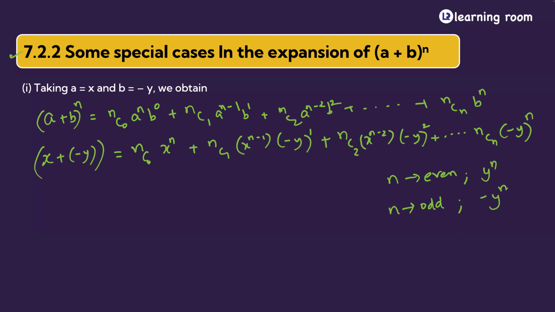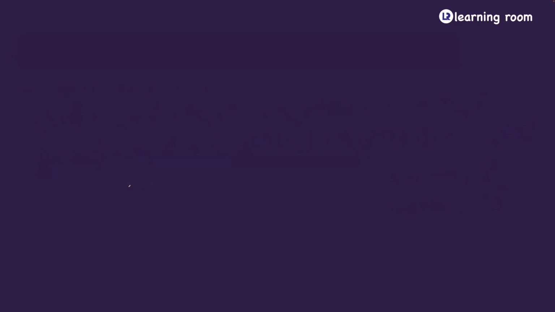So that is why it is always safer to write it as (minus y) raised to the power n instead of breaking our heads. Is that clear? So this is one case. Okay. Can I proceed?